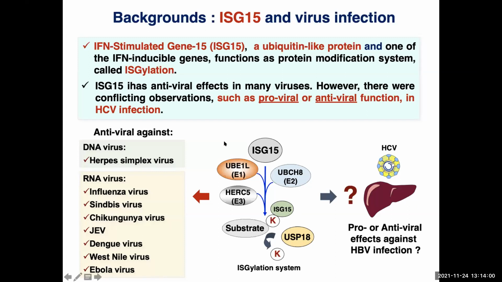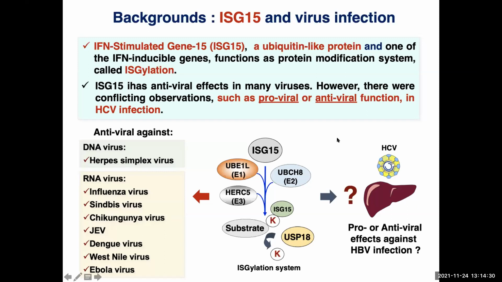ISGylation is known as an antiviral factor for many viruses, for example, herpes simplex virus, influenza virus, shingles virus, chikungunya virus, JEV, Japanese encephalitis virus, dengue virus, West Nile virus, and Ebola virus.